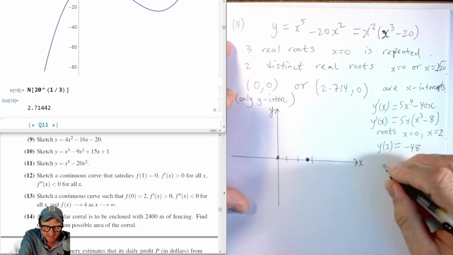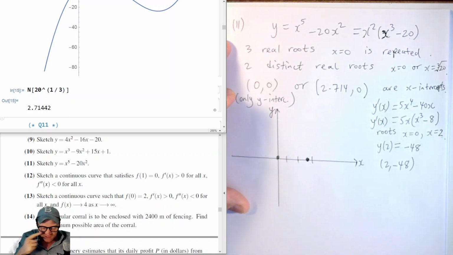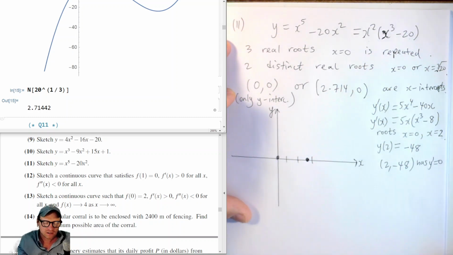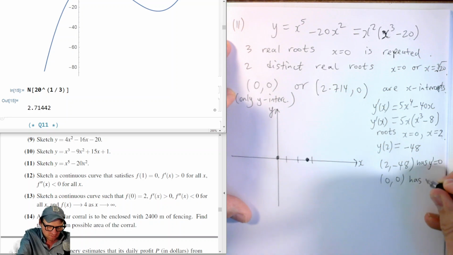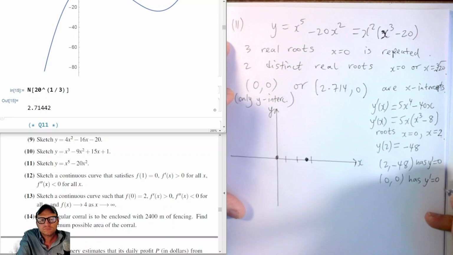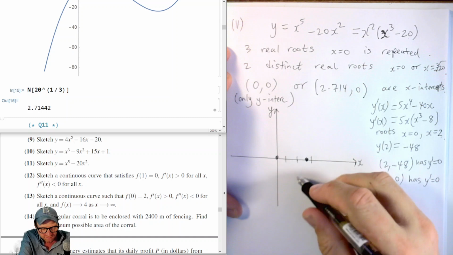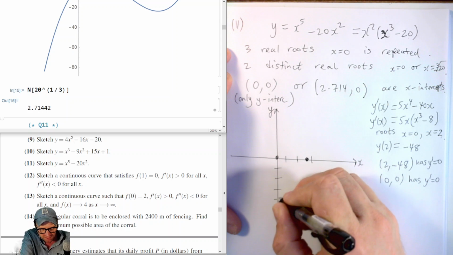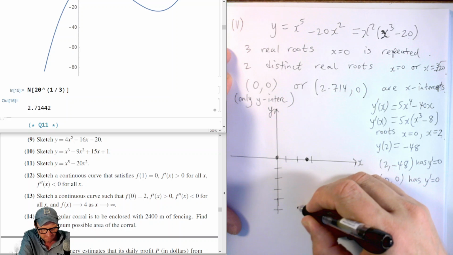And so what we've learned then is that the point (2, minus 48) is a turning point. So it has y dash equals 0. And then the other one, (0, 0), also has y dash equals 0. Okay, so let's identify this other one on our graph. So if I put minus 10, minus 20, minus 30, minus 40, minus 50, so that would be down here.